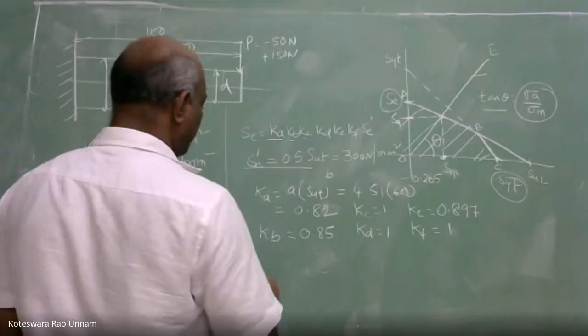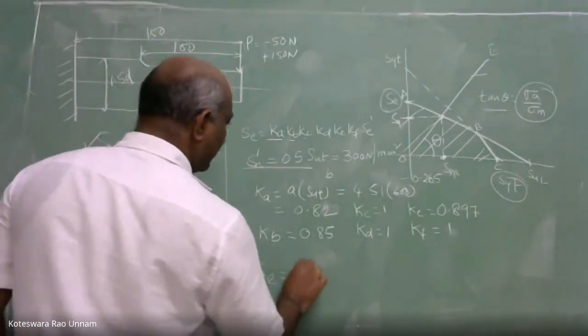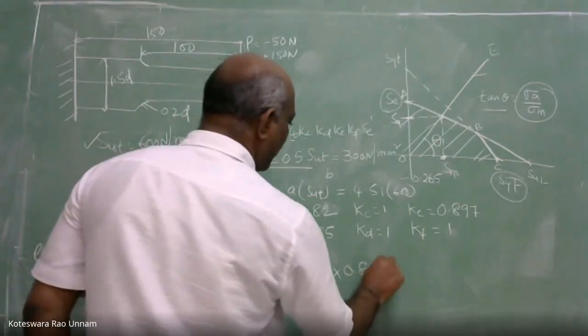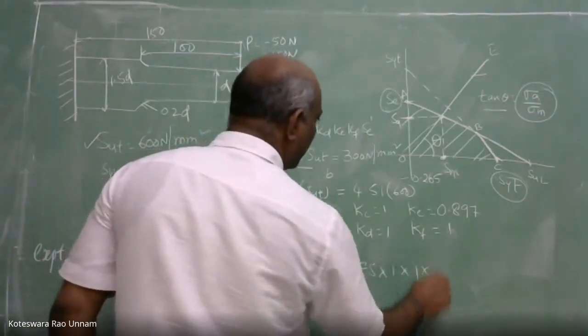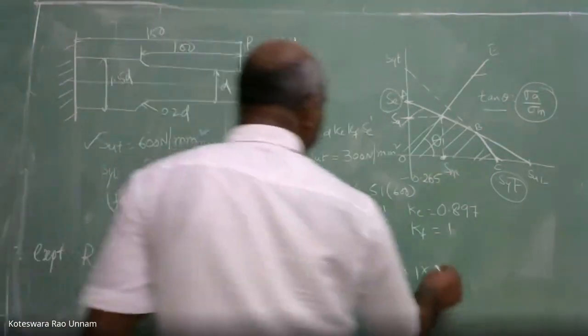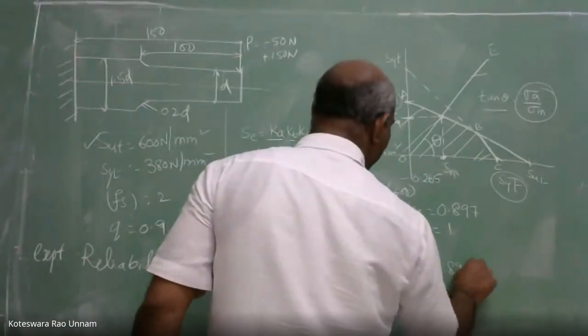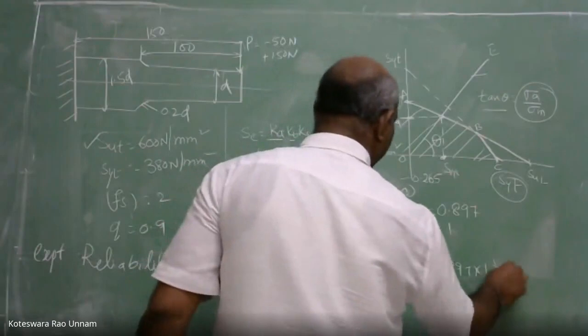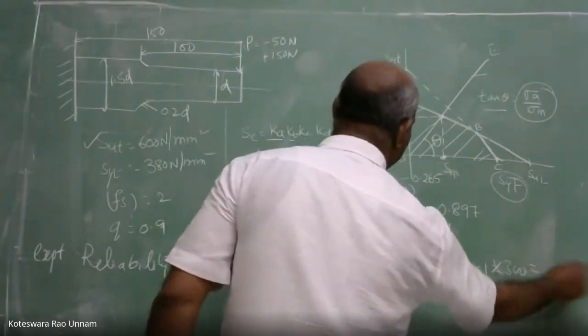Now we need to substitute all this into the equation and compute SE. So finally our SE is equal to 0.82 into 0.85 into 1 into 1 into 0.897 into 1, into 300, where SE dash is 300.